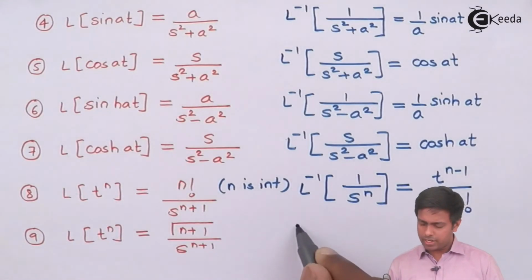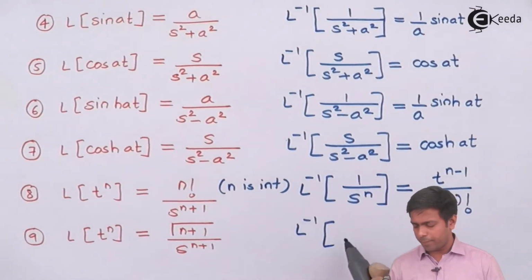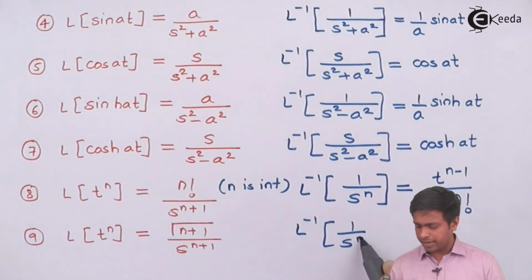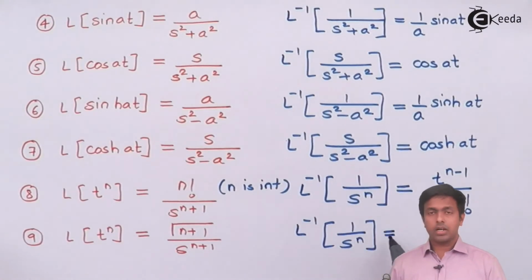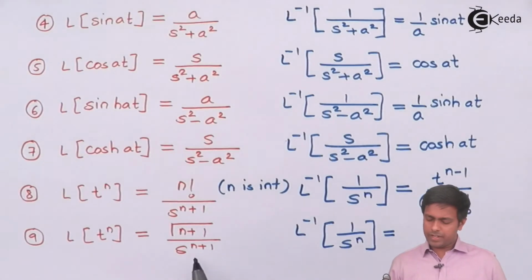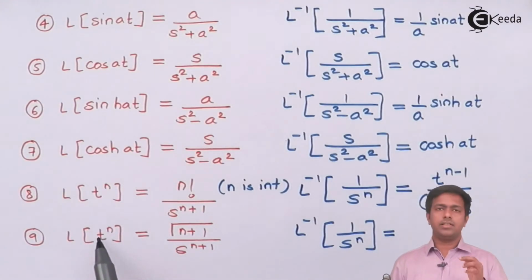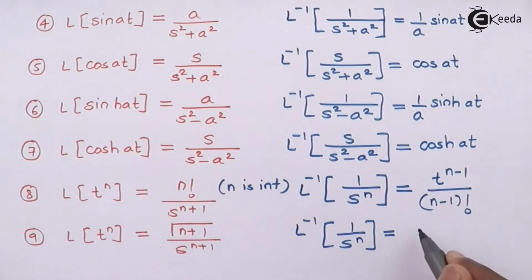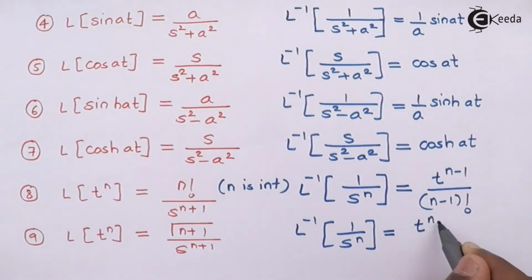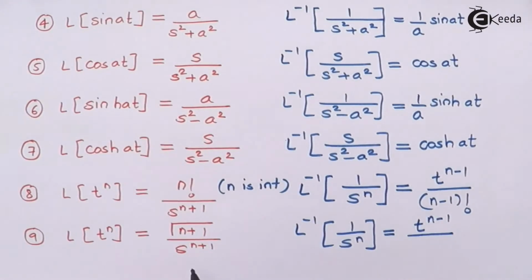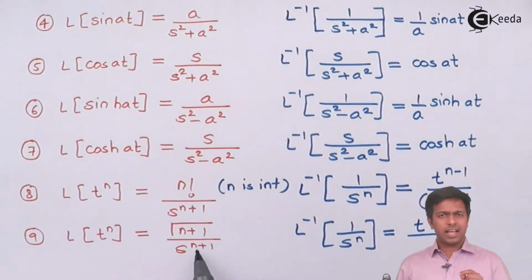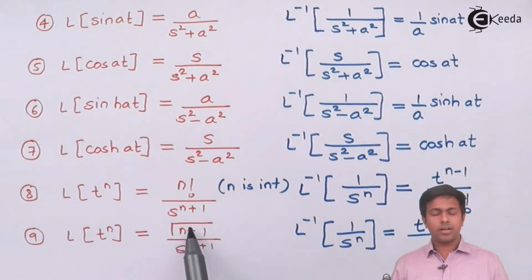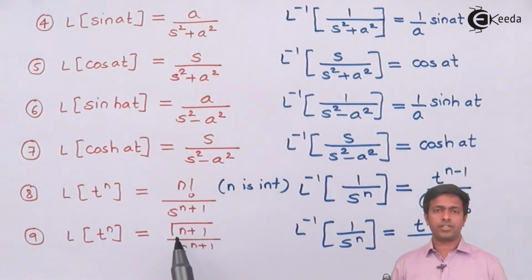So let's find L inverse of 1 upon s to the power n. Here the power of s is n, and we have seen that the power of t is 1 less than the power of s, so the power of t will become n minus 1. Next, what we have observed is the power of s is exactly equal to the number inside the gamma function.